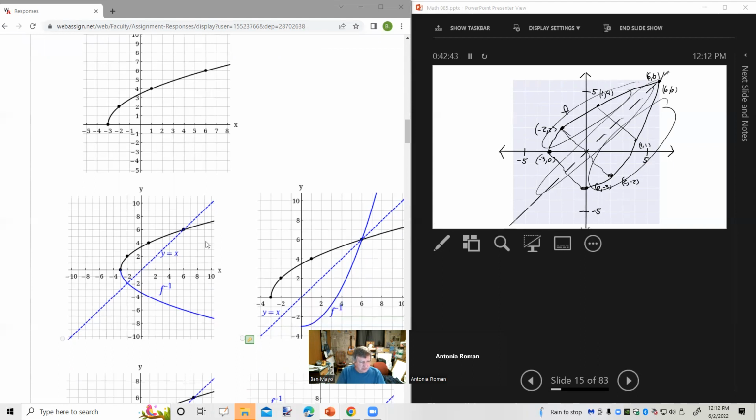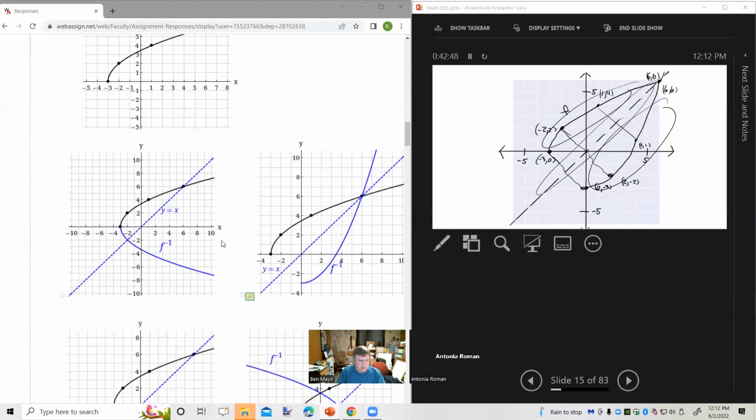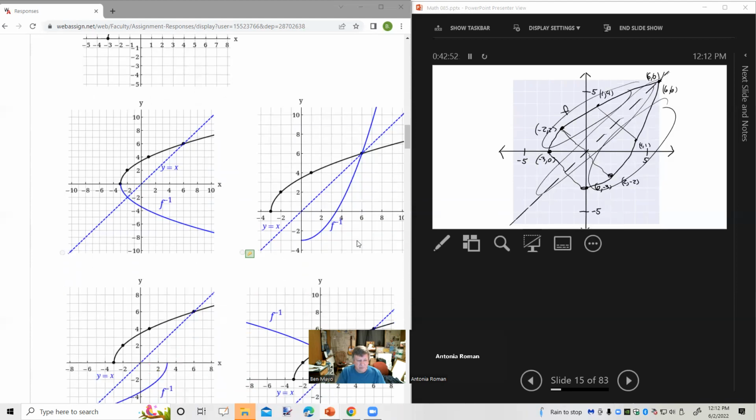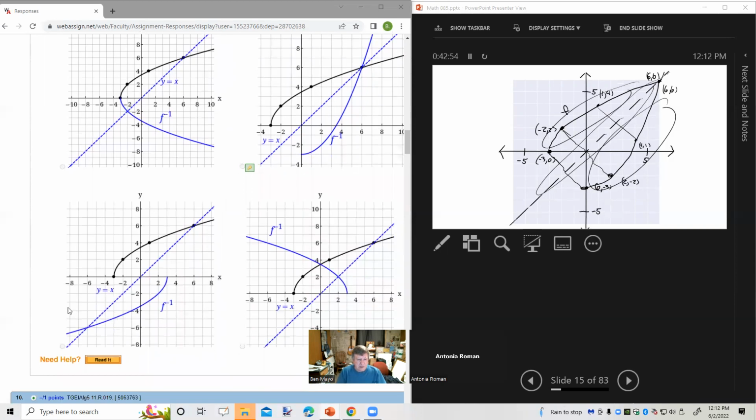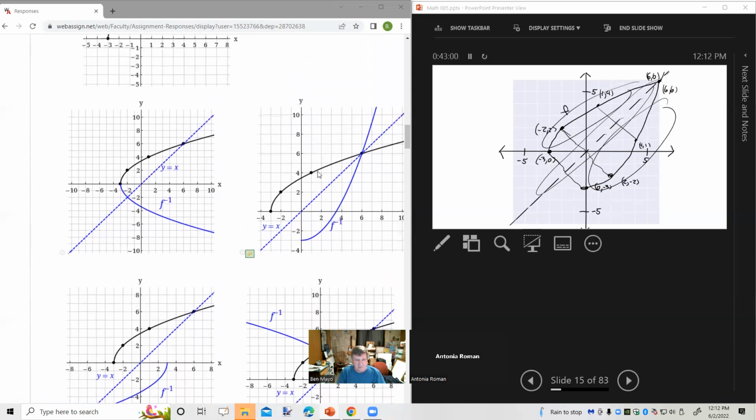It's not that one. Yeah, we can obviously eliminate those two. This one I kind of had to think about a bit. But yeah, so here's the answer. Okay. All righty.